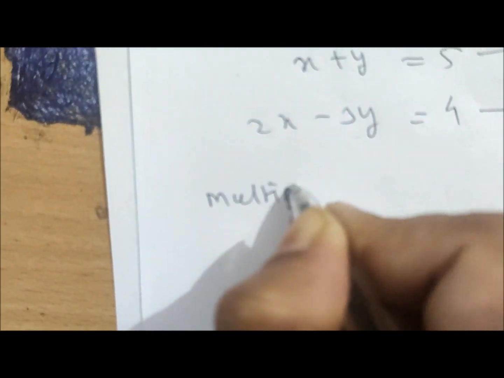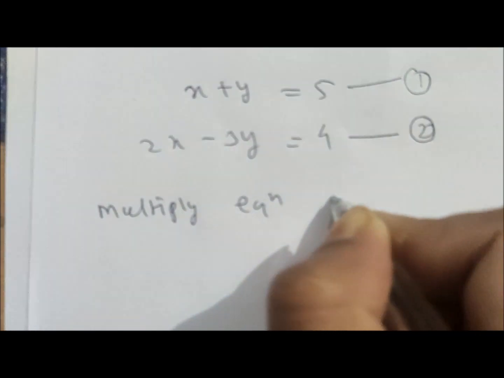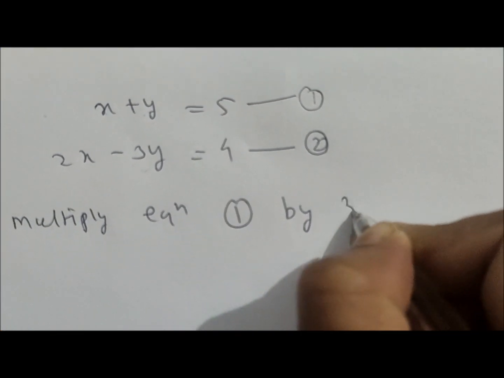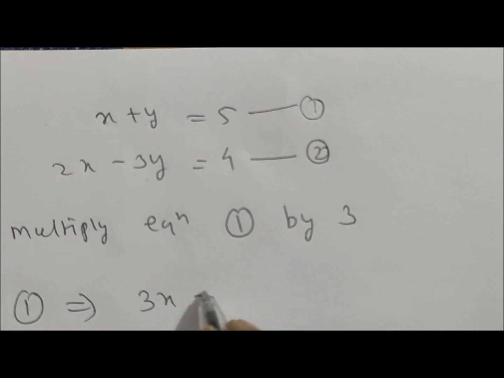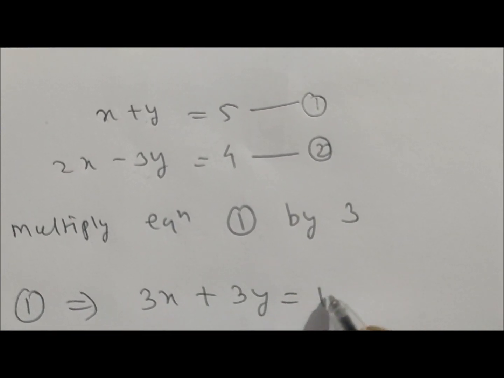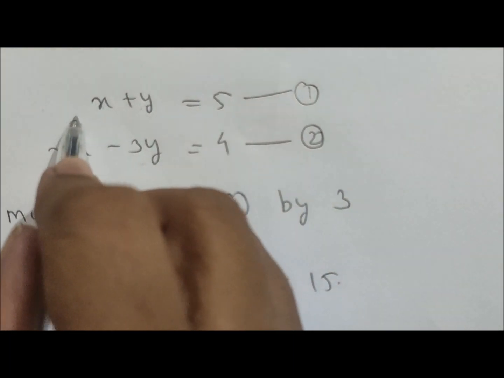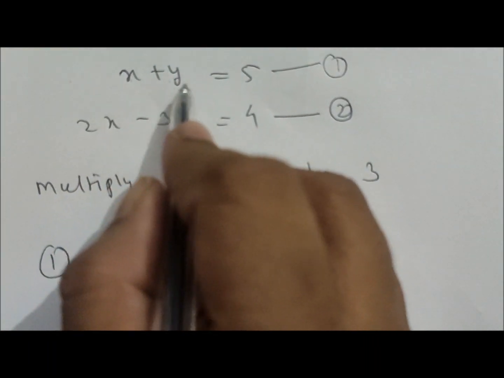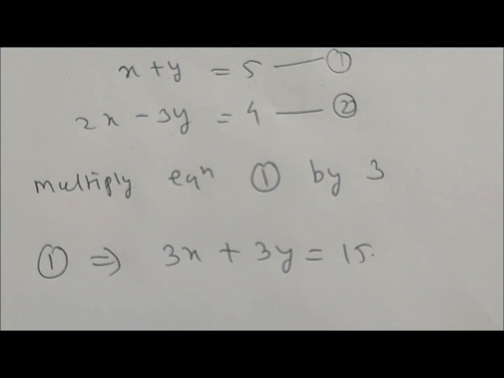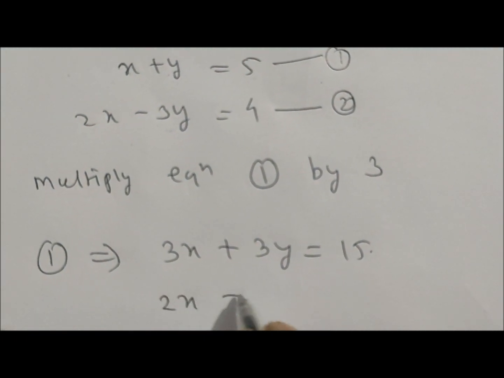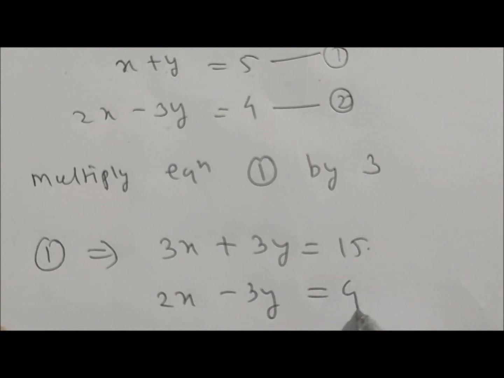So we will multiply equation 1 by 3. This equation 1 will become 3x plus 3y is equal to 15. Always remember to multiply each and every term of the equation. 3x plus 3y is equal to 15, and the second equation was 2x minus 3y is equal to 4.